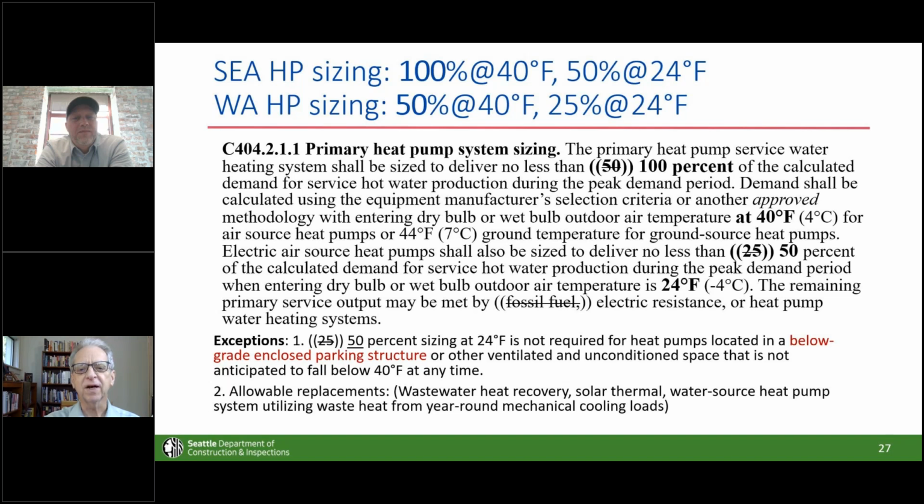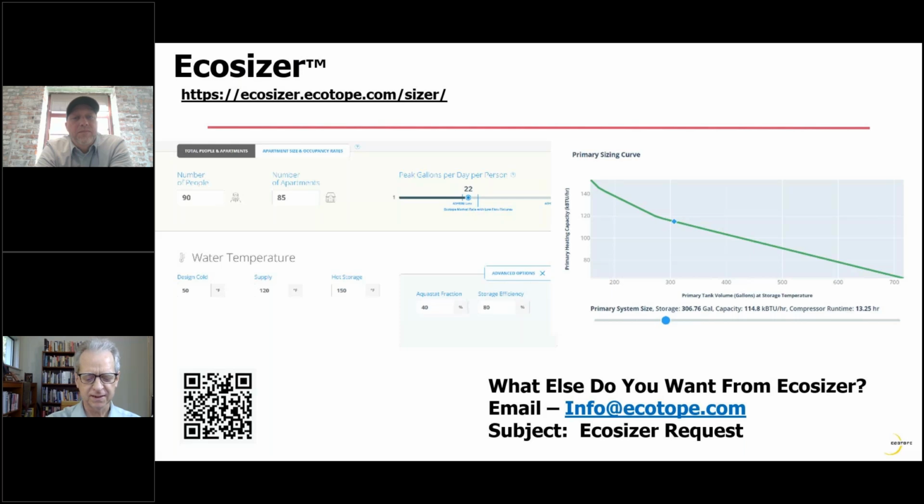And Ecosizer, well, why don't you go ahead and talk about it? Sure. So Ecosizer was developed about 10 years ago, using the latest curves in ASHRAE, which required you to set up an iterative calculation to figure this out.